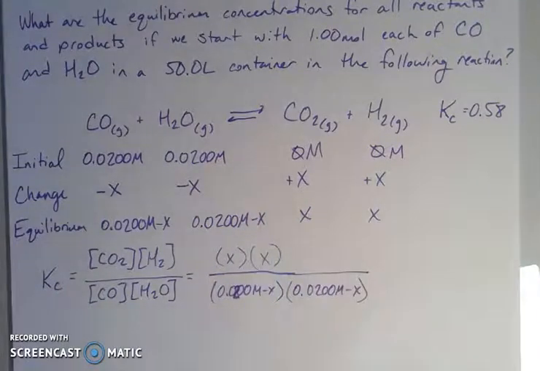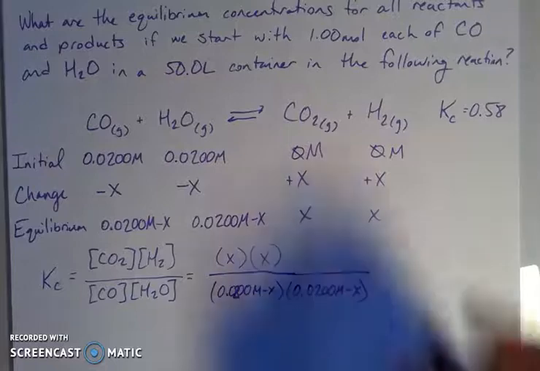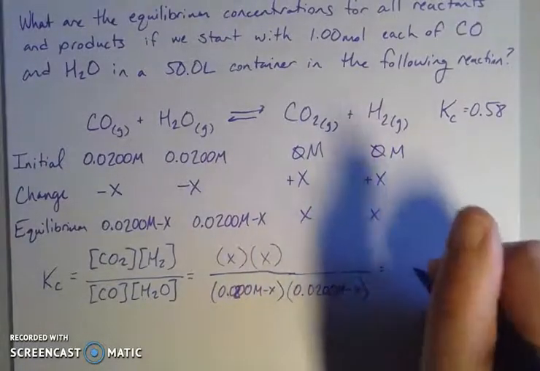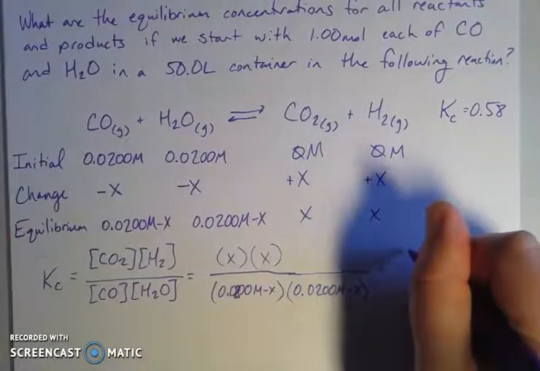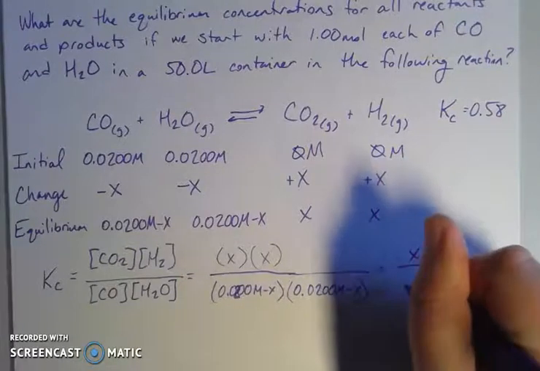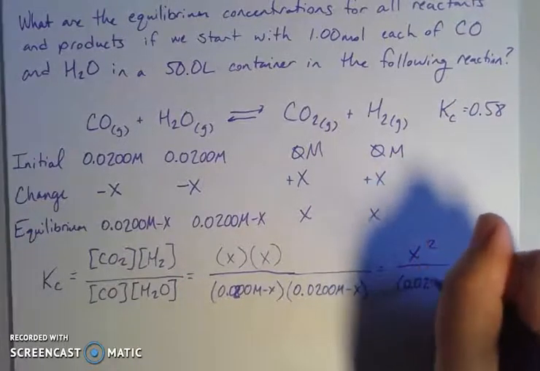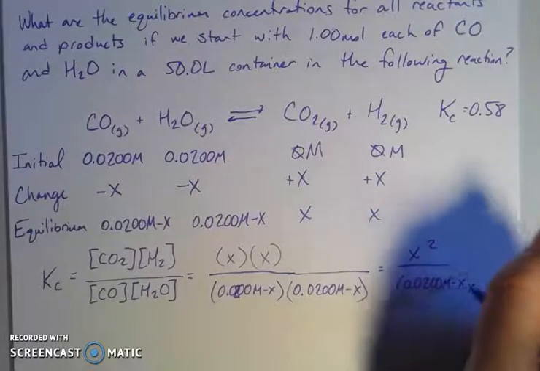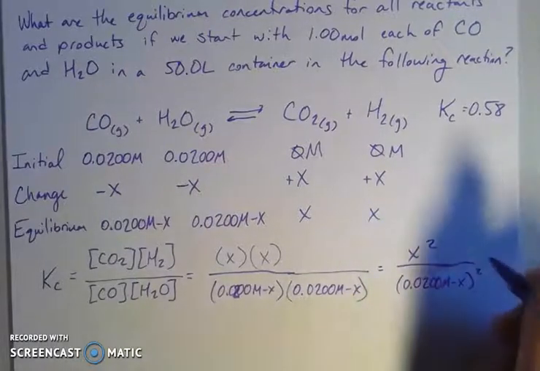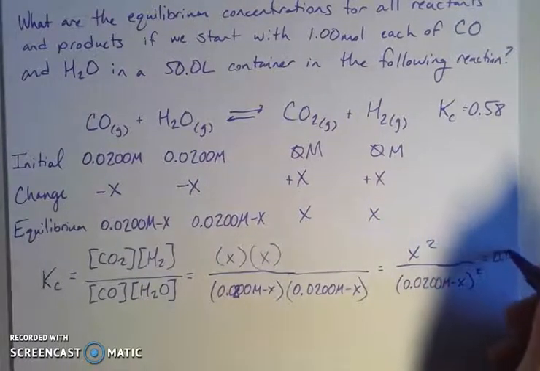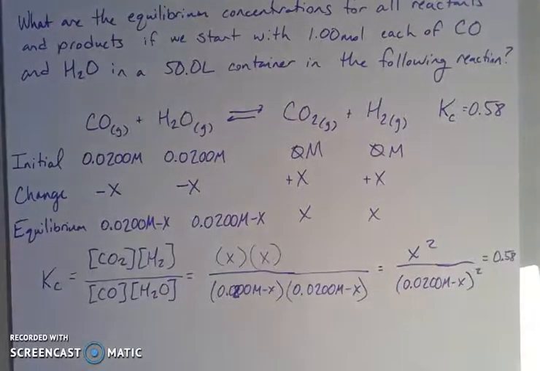Okay, so I have this, which is equal to, let's combine some terms together. Let's say x squared over 0.0200 minus x, squared. And all of that is equal to my K value, which is given.